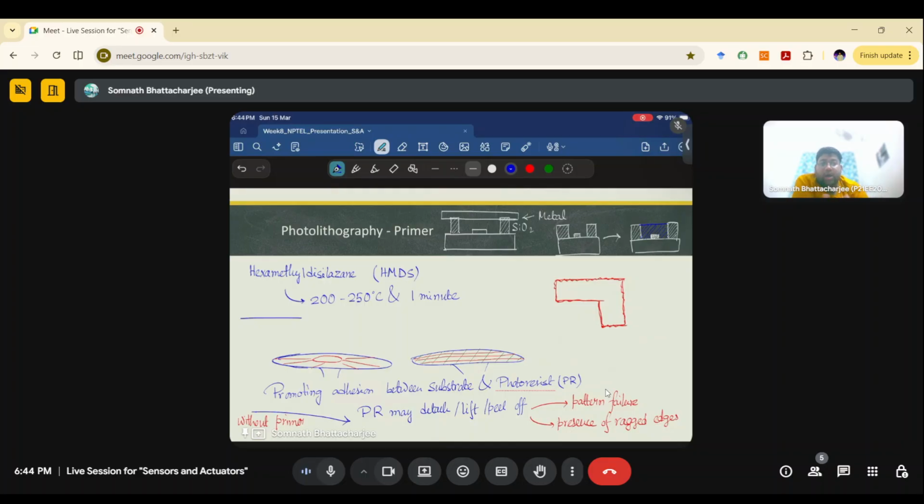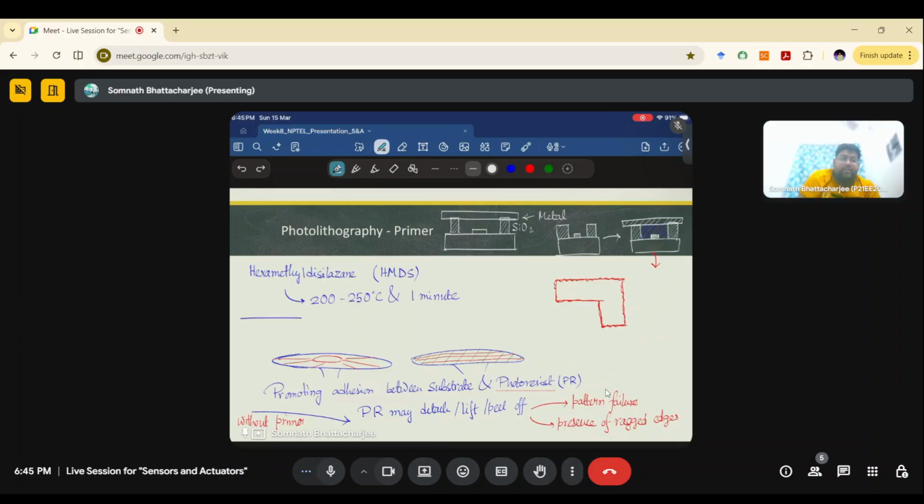And on top of that, you will pattern your new metal, whatever that metal is, or you have to deposit that metal. And after everything is done, you just need to dissolve this sacrificial layer.